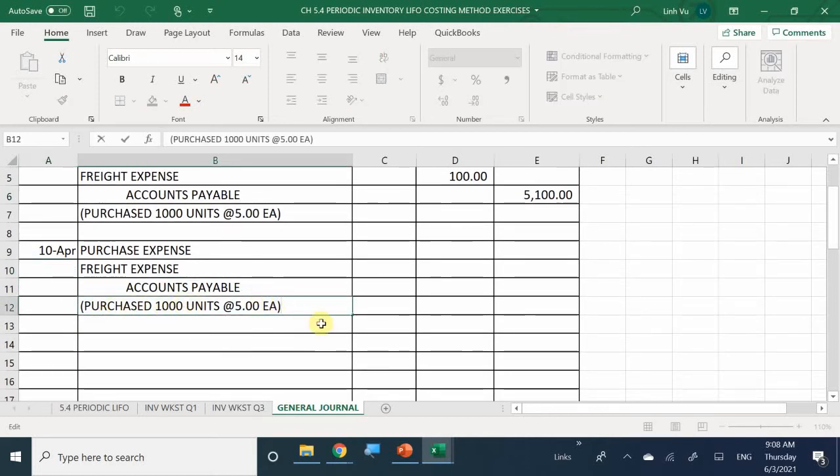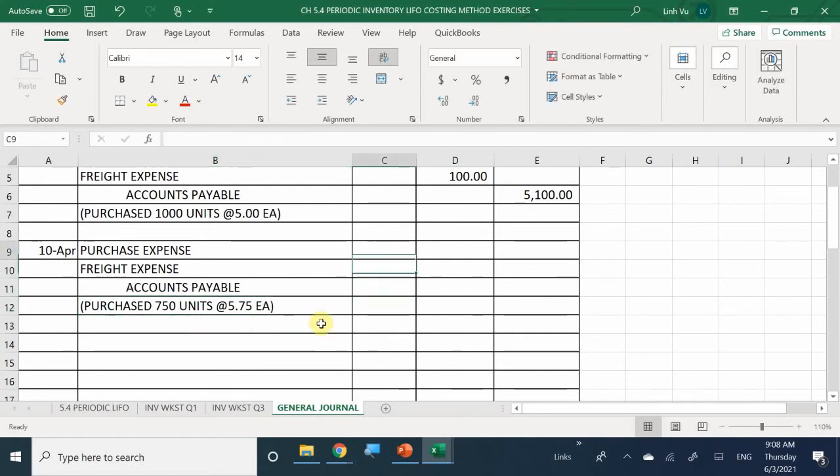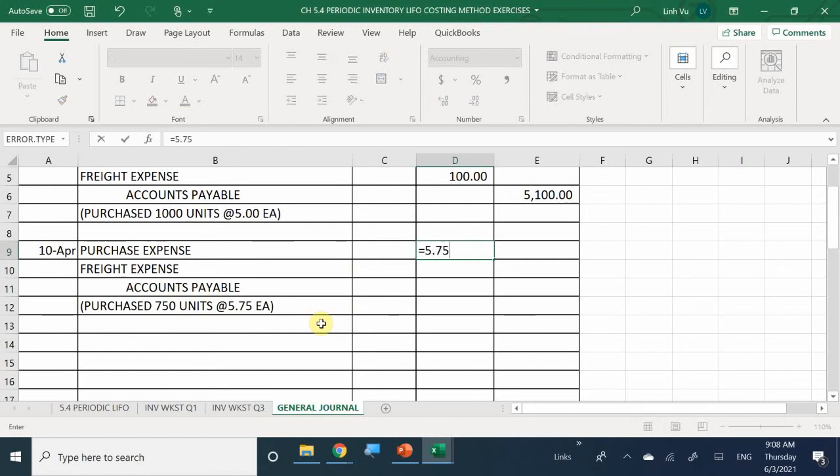Purchase expense would be $4,312.50. Good.